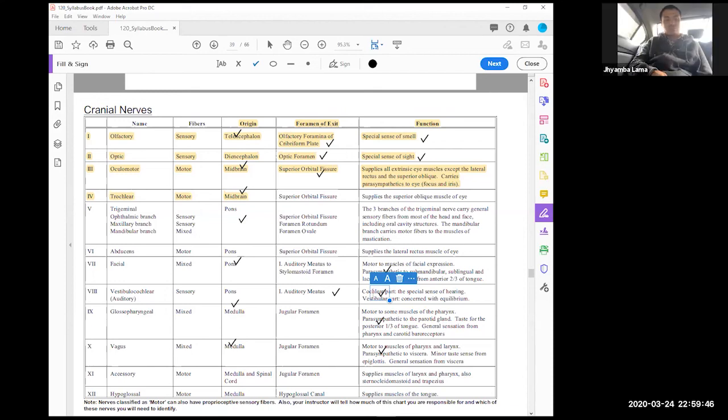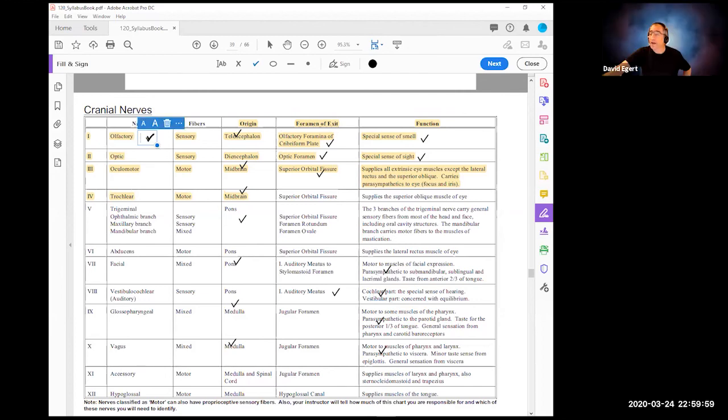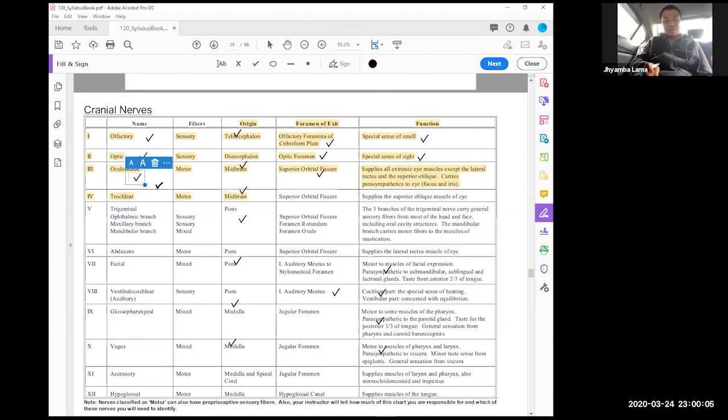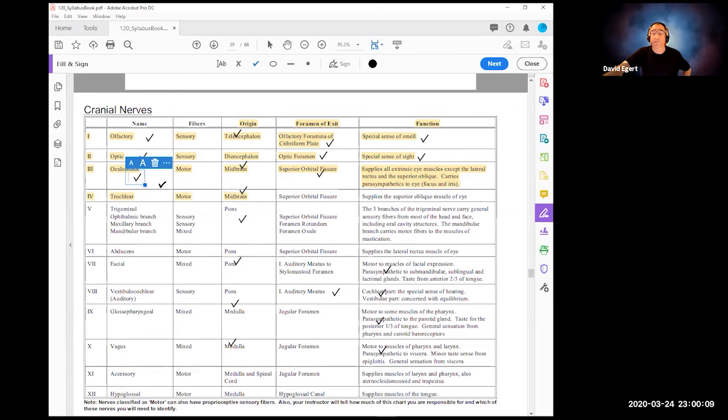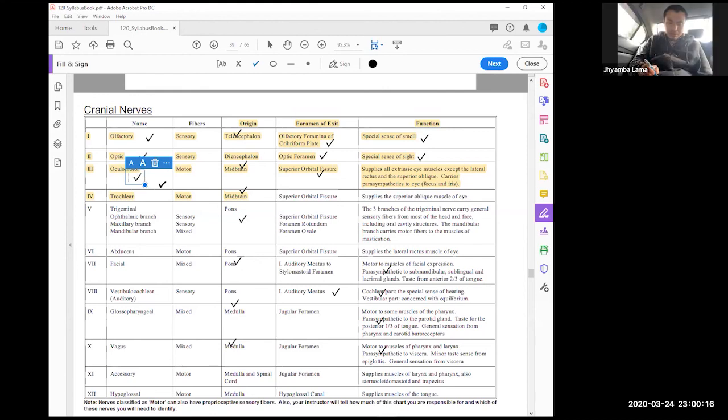So in terms of the function of the cranial nerves, you want us to just know the general functions? Yeah, you should know the olfactory nerve is the special sense of smell. You should know the optic nerve is the special sense of vision. Oculomotor is four of the eye muscles: the superior, inferior, medial rectus, as well as the inferior oblique.